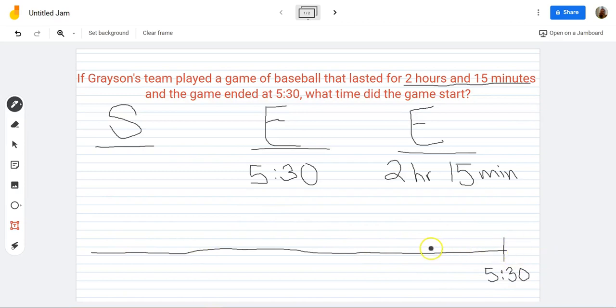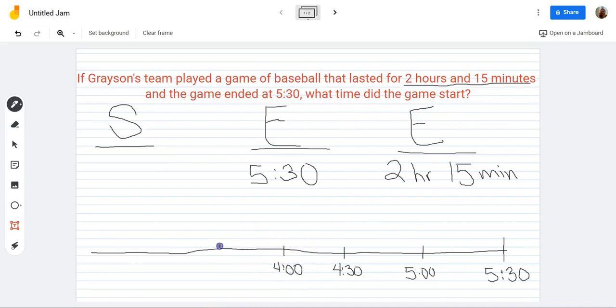So I'm going to give myself some space. Half an hour before 5:30 would be 5 o'clock on the dot. Half an hour before that would be 4:30. Half an hour before that would be 4 o'clock on the dot.